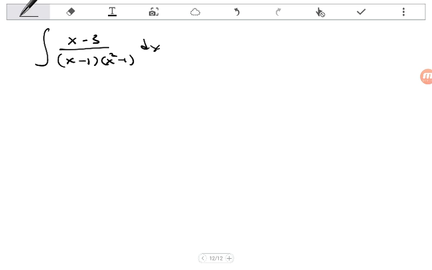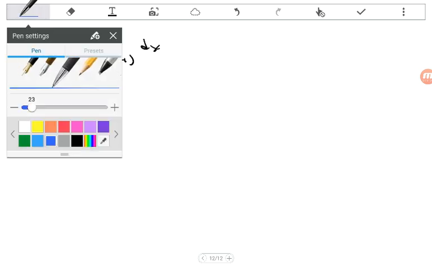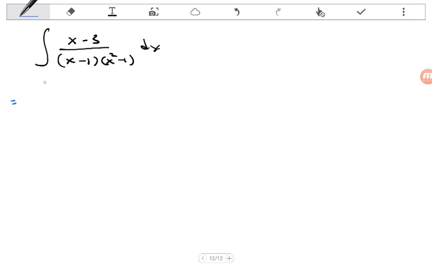For this integral, first step, would I do long division here or not? No long division here. Second, would I further factorize the denominator? Yes, I need to factorize the denominator.